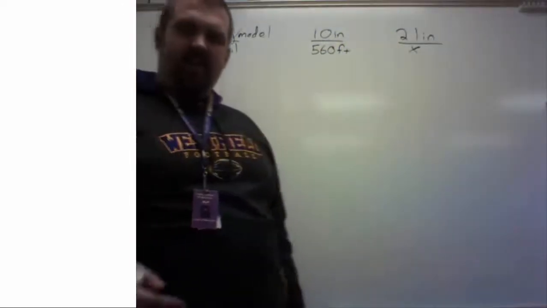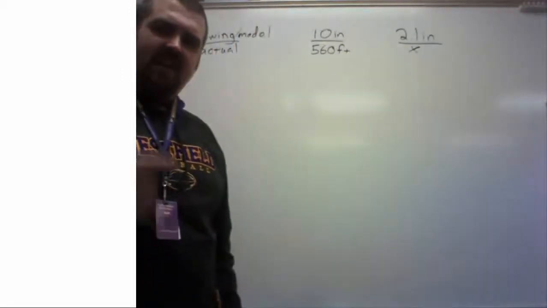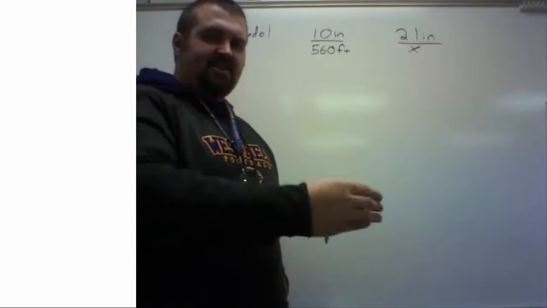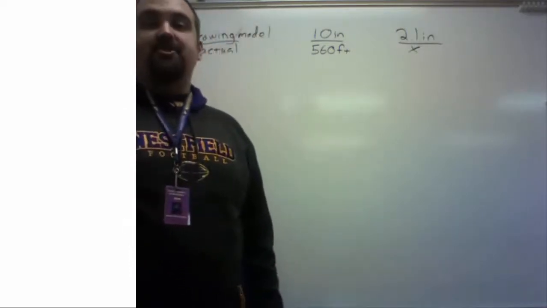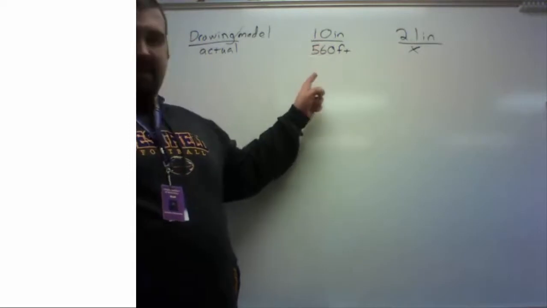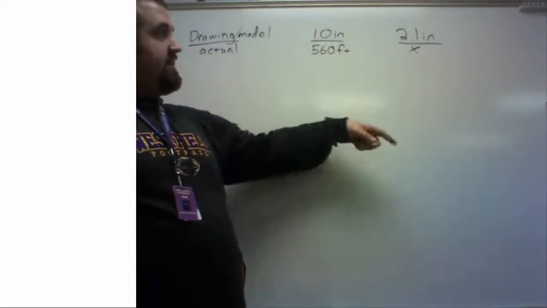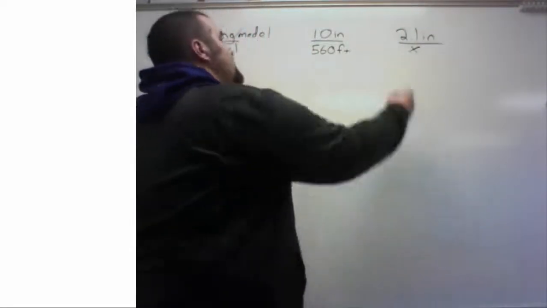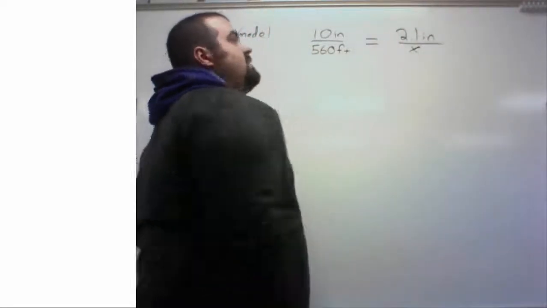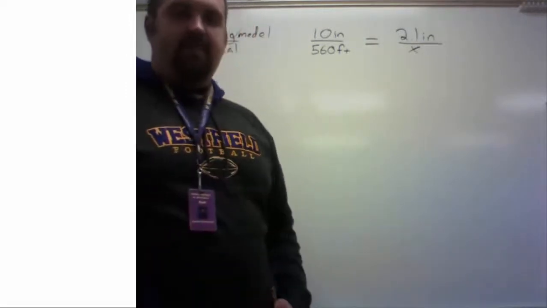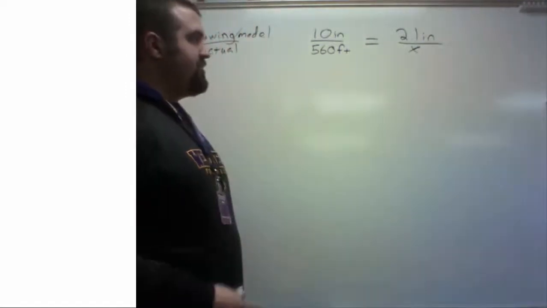And if this is a scale model, scale drawing, every single length in it is going to match up correspondingly, or proportionally, I should say. So in this case, 10 inches to 560 feet should have the same ratio as 2.1 inches to x. It's the same model to the same actual building, so it should be proportional.